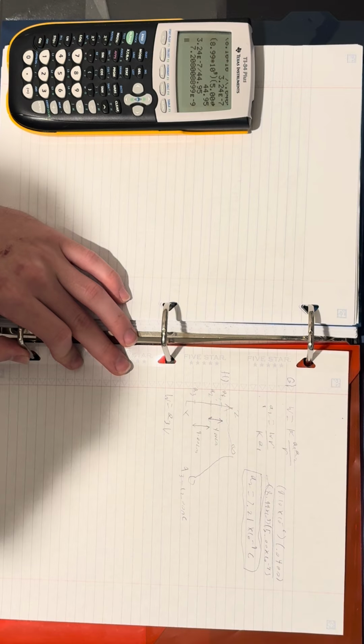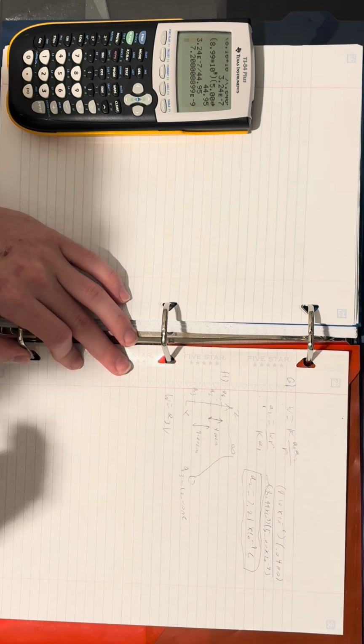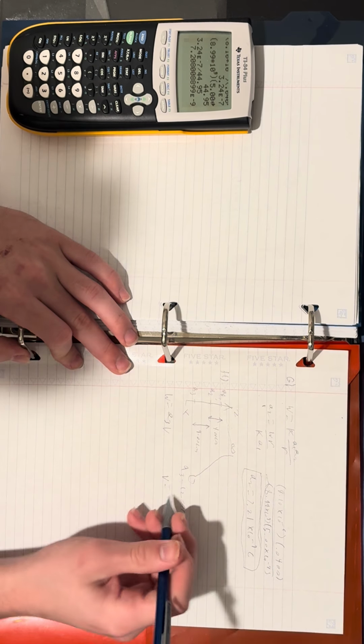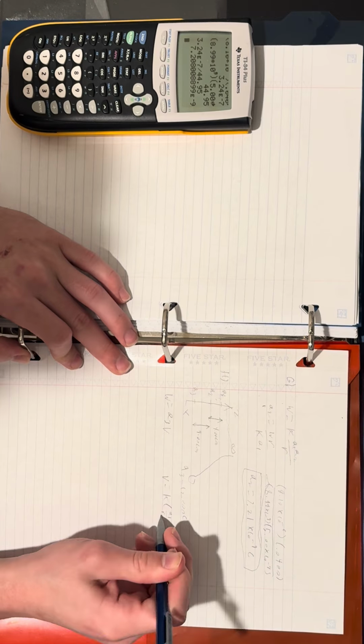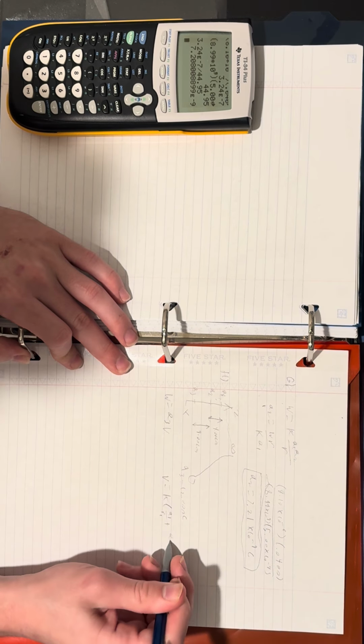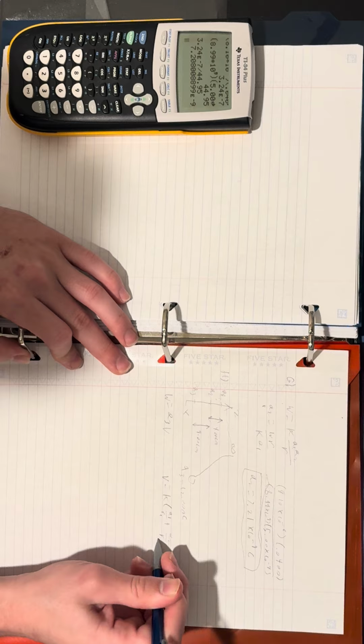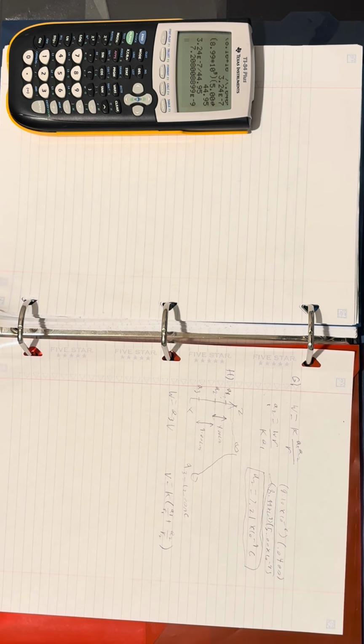So again, I have to do K of Q, but this time Q1 over R1 plus Q2 over R2. And we have multiple distances we're given.